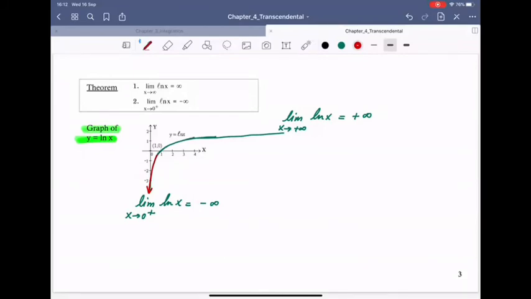You have no right to say anything about the limit of log x when x approaches a negative number, because that is undefined. Because the domain of log x is 0 to plus infinity.